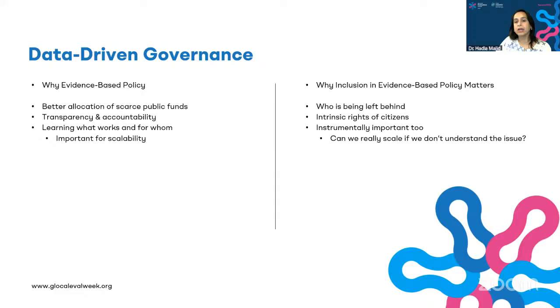This is intrinsically important for us that anytime we're doing evidence-based policy designs, we are being inclusive, because this has an issue of intrinsic rights of citizens. But in a lot of cases, making sure that you are targeting the right people and also making sure that you're not excluding the most vulnerable and marginalized individuals in society has instrumental importance as well.